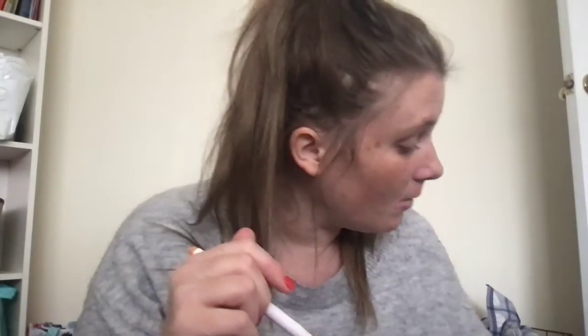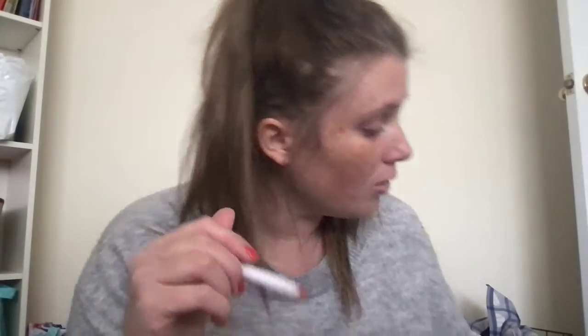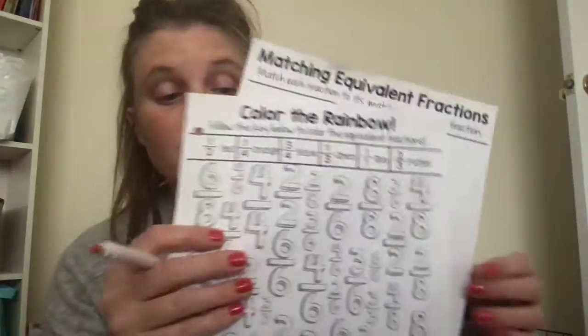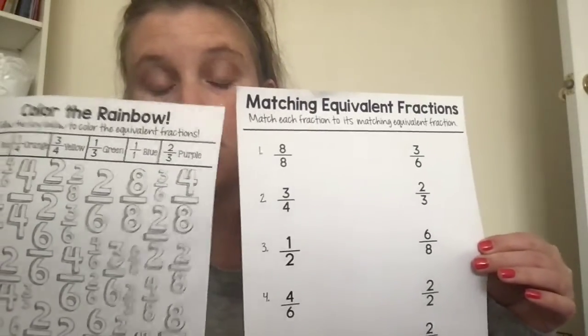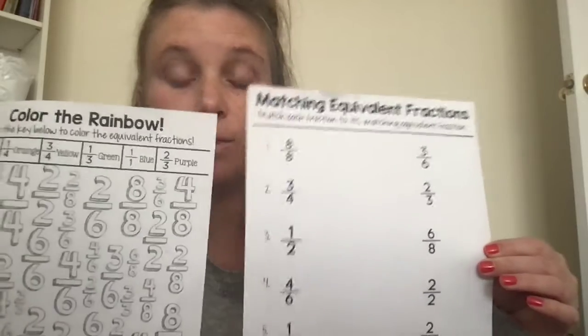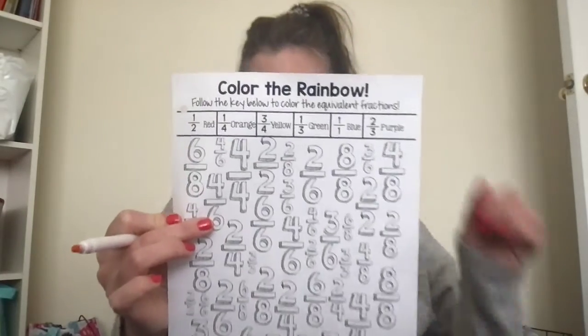Okay, so what I want you to do is go grab, in the games and activities folder, there's this and this. These two are for you to keep, and these two are for you to write on. Okay, let's look at this one first, okay?